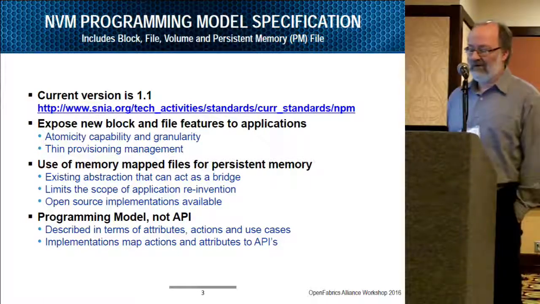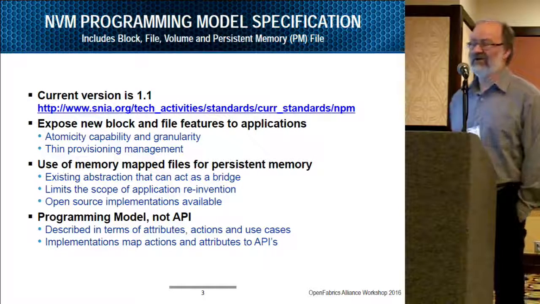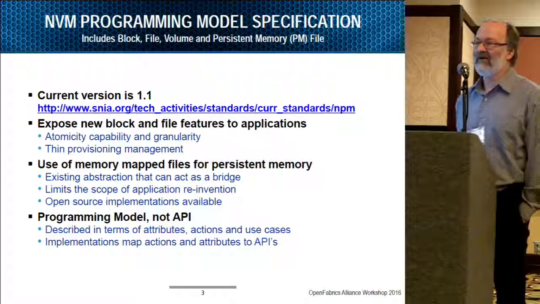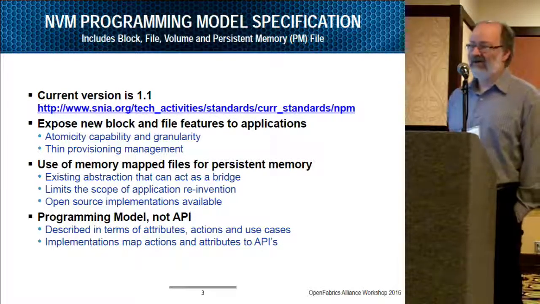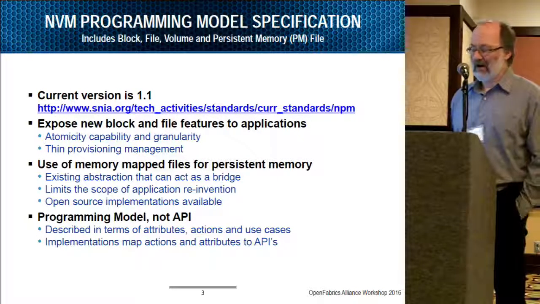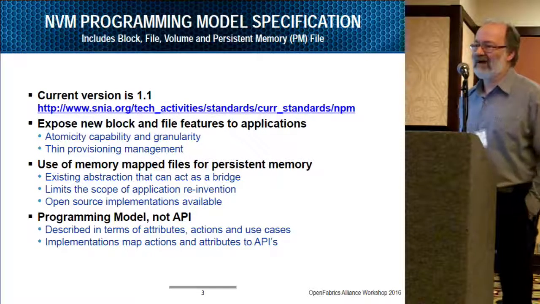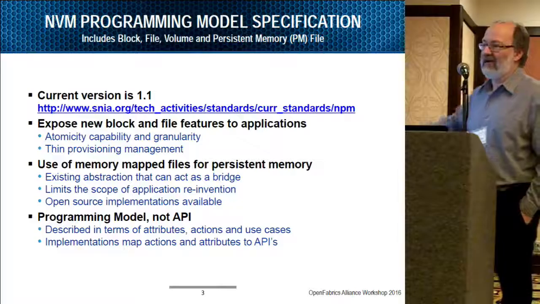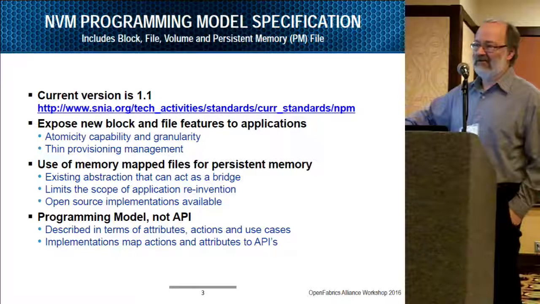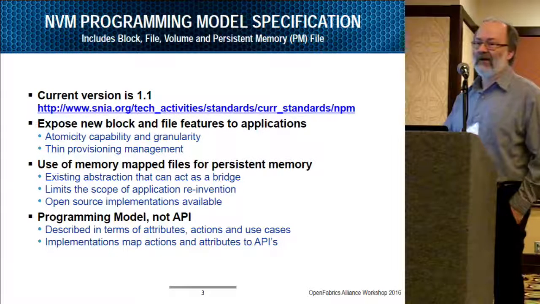So instead, we define attributes and actions and use cases. It's somewhat similar to taking a verbs approach, so that implementations will map their APIs to the actions and attributes of the programming model.